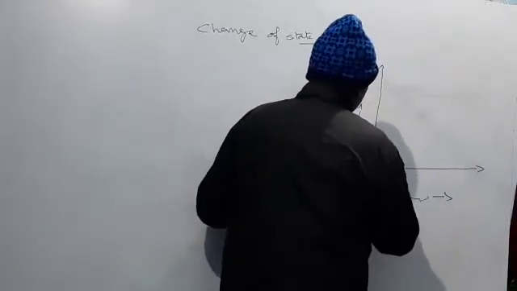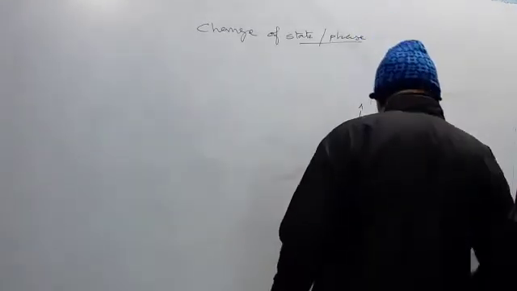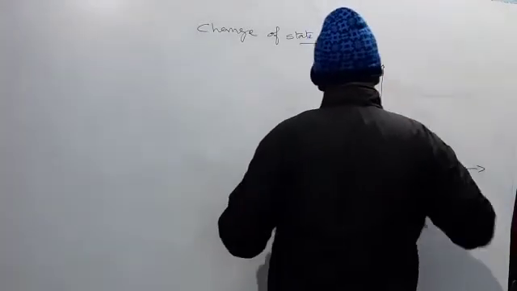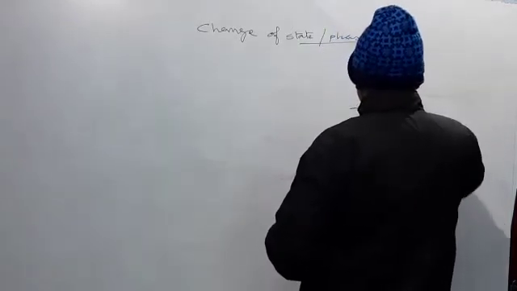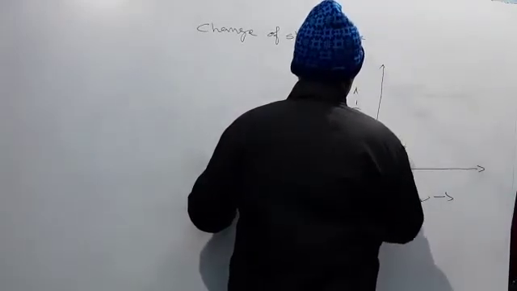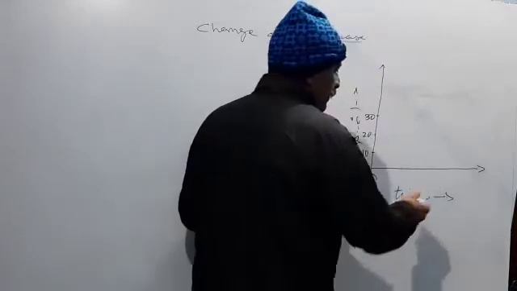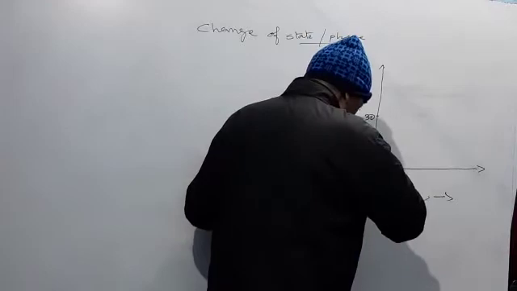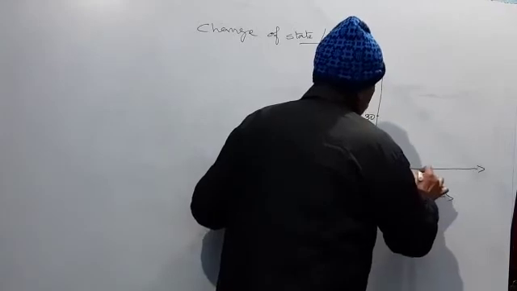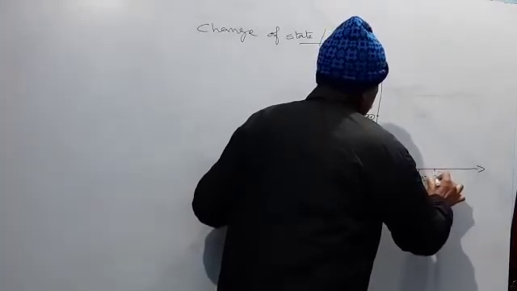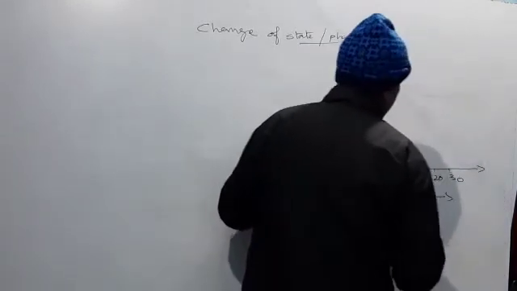Let us start from 0, 10 degree Celsius, temperature in degree Celsius, 20, 30, etc. And over here, time you may take in seconds, 5, 10, 15, 20, 30, let it be in minutes.